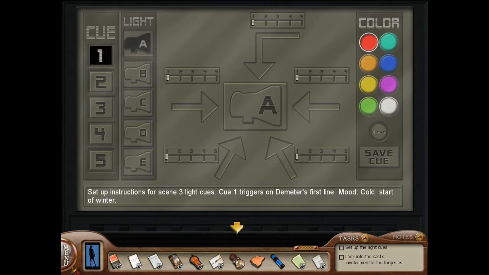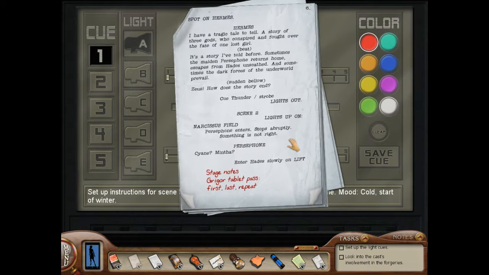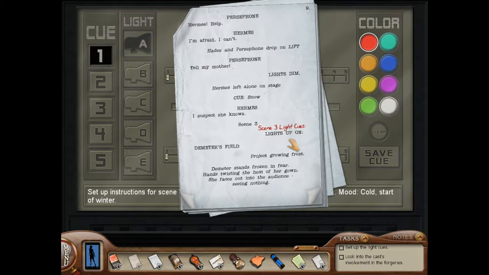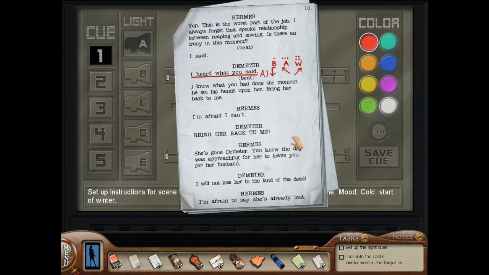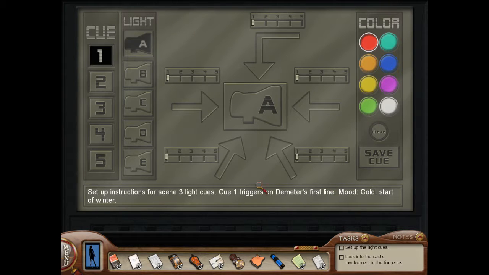Does this say Scene 3? Yeah. Okay. So this is Demeter's first line of the scene, so this is light A. Blue is this.